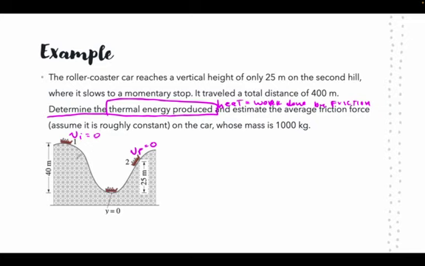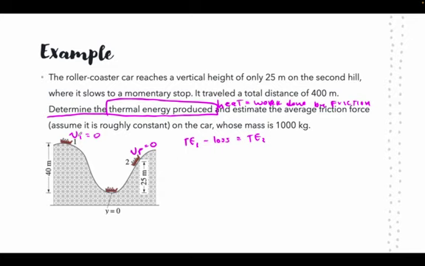Okay, this is 40 meters, and it reaches here. So since they're asking us to find thermal energy, that means that they're asking us to find friction, which means that there are going to be losses. So that means that the total energy at the beginning minus the energy loss is going to be equal to the total energy at the end.